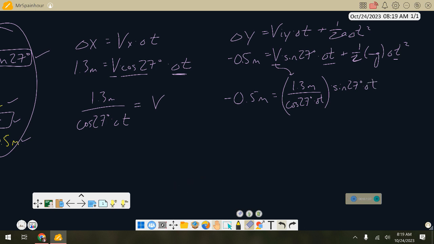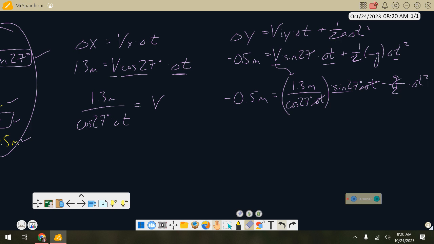Running out of room a little bit, I'm going to combine the first two terms there, to negative g over 2 times delta t squared. Now I have an equation with just one variable, so I just need to do algebra. You'll notice in this middle term, these two t's cancel because there's one on top and one on bottom. And if you'd like, you can also see that sine divided by cosine does in fact make tangent, if you prefer.